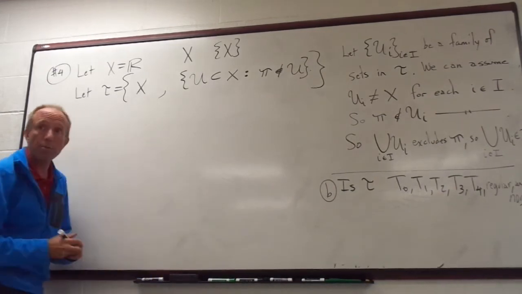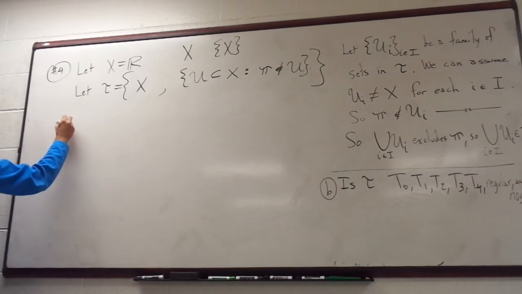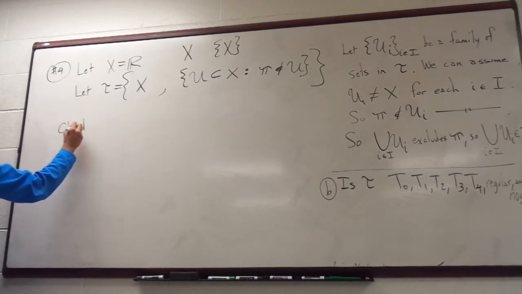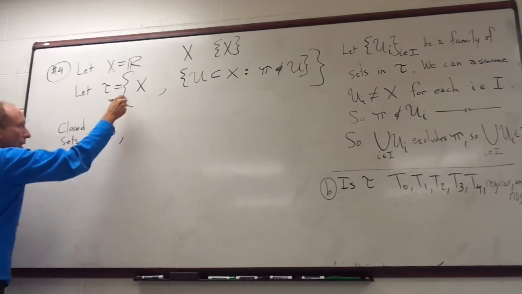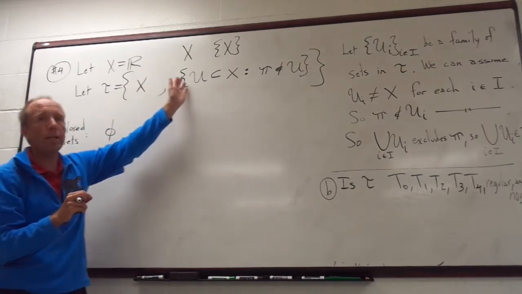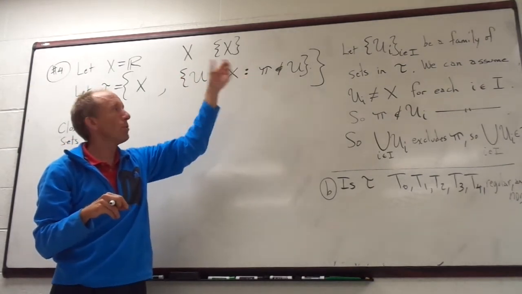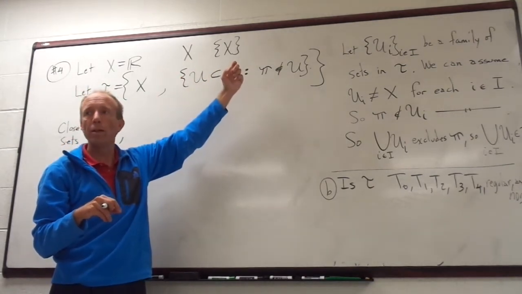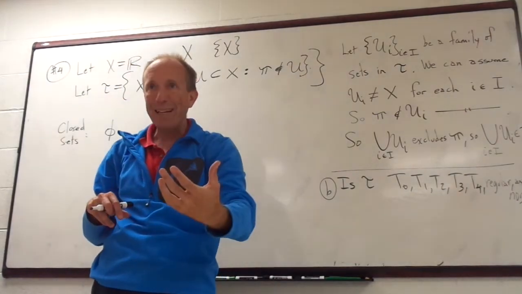So the closed sets, remember, are just the complements of the open ones. Just for our reference, this might be useful for us. The closed sets are the empty set, which is the complement of X, and then the complement of any one of these things. Well, what are these sets? These are just subsets of the real numbers that don't have pi in them. So if you take the complement of that, you'll get sets that do have pi in them, right?